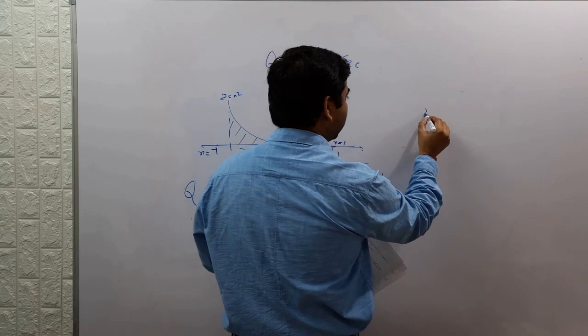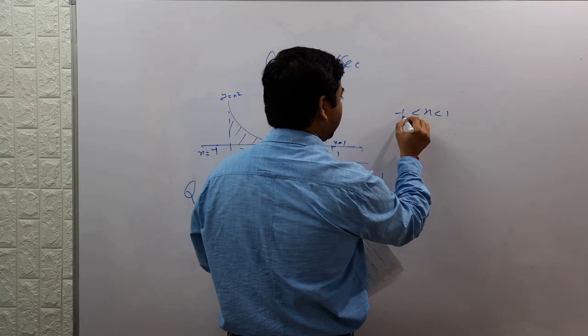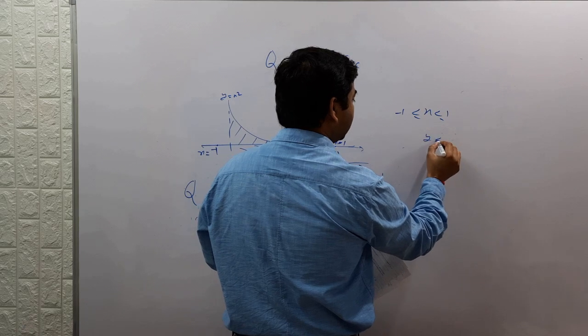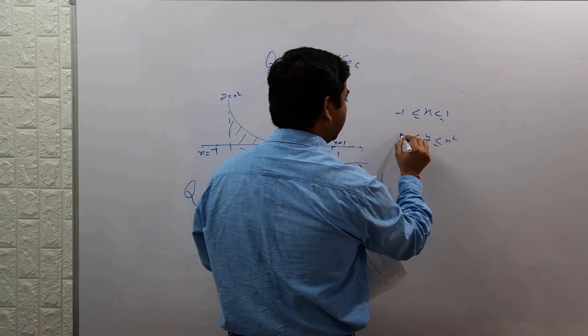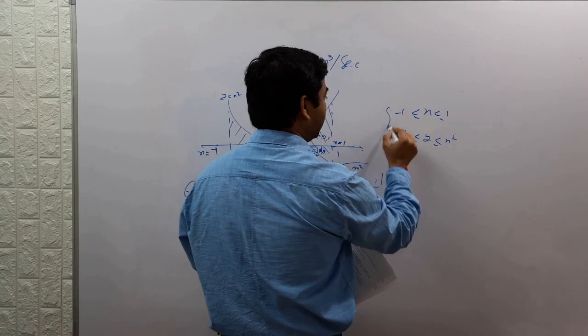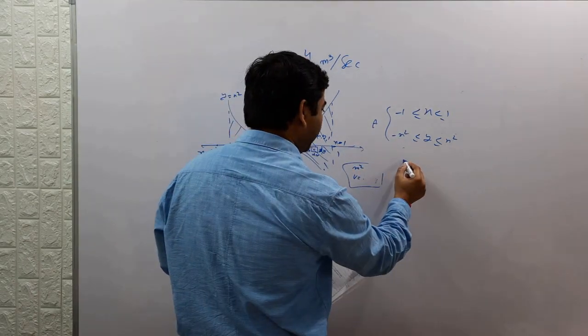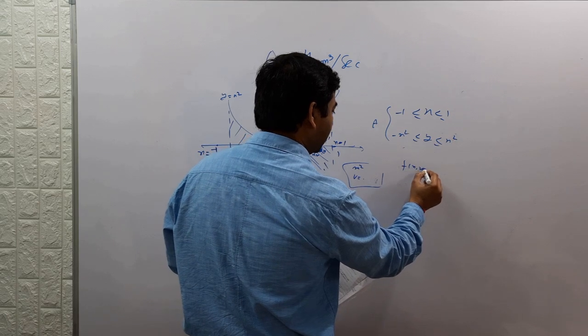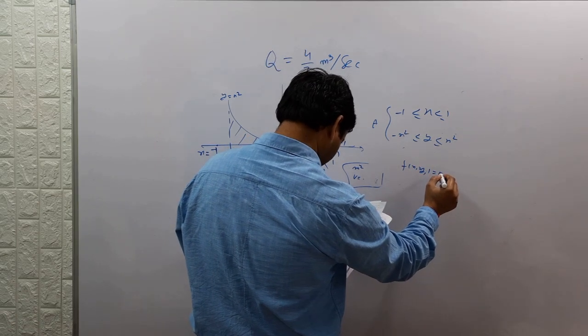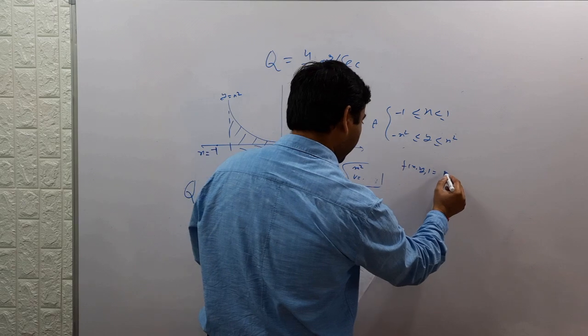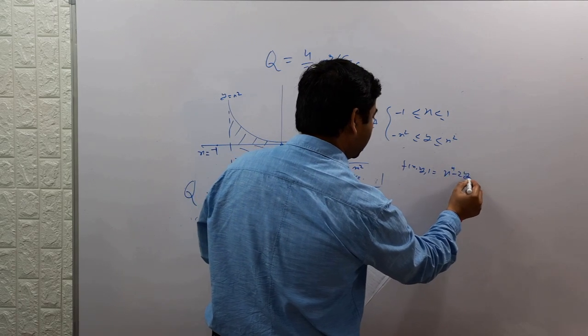The equation of area was x is less than 1 and greater than minus 1, and y is less than x square and greater than minus x square. This was the equation of area, the region, and the equation of function f(x,y) was x to the power 4 minus 2y.